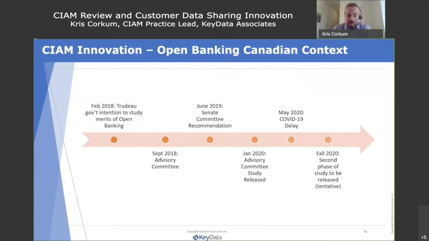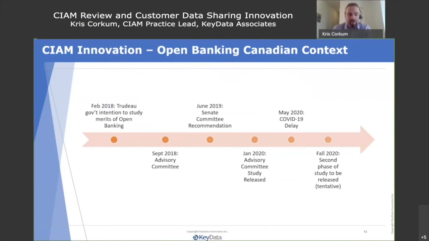In June 2019, the Senate committee recommended the Government of Canada move ahead with an open banking framework, and they noted that nearly 4 million Canadians were estimated to be using screen scraping applications. And just recently in January 2020, the findings from the first phase of the 2018 study were released.